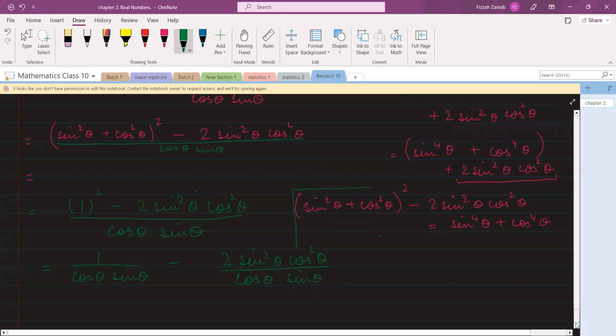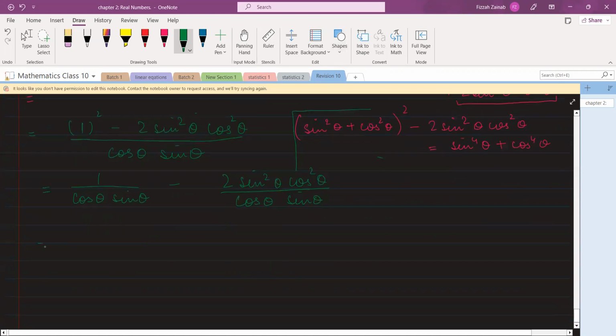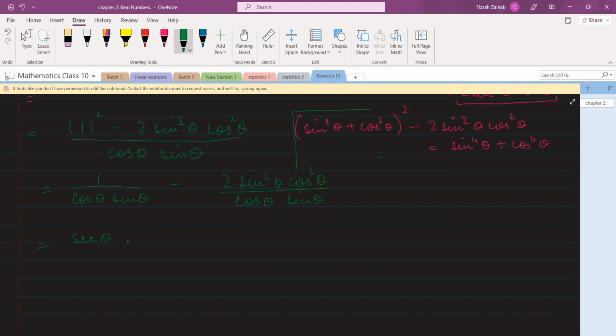Now 1 upon cos theta is sec theta, 1 upon sine theta is cosec theta, minus. Now only one sine will remain here, sine theta, and one cos will remain here. So I think this is the RHS, right?